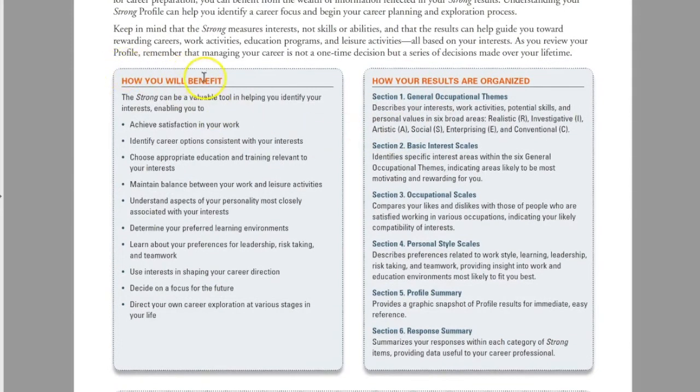The shaded box right here on the left-hand side details how the Strong can benefit you, not just in career exploration, but also in identifying interests, determining your preferred learning environment, and even learning about your preference for leadership, risk-taking, and teamwork. The shaded box right here on the right provides an overview of how the assessment is organized.